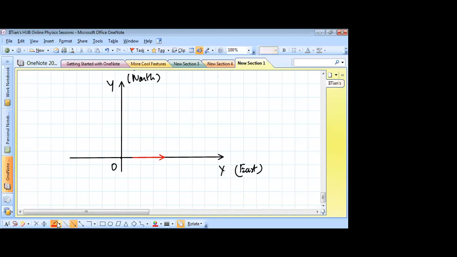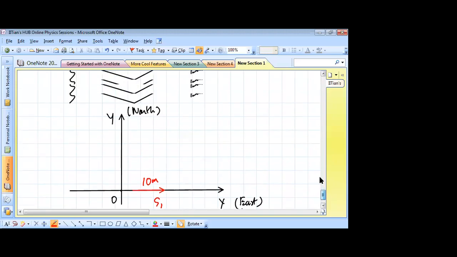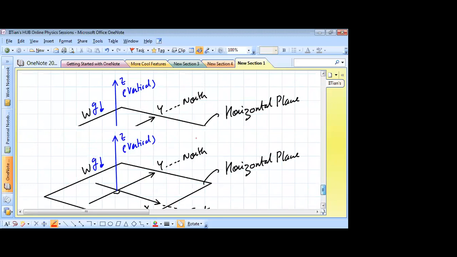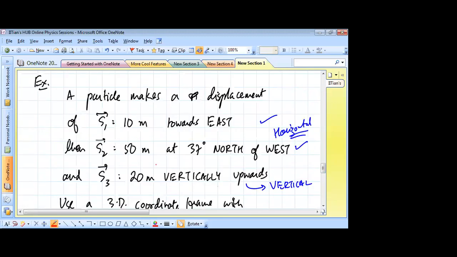So S1 is a displacement like this. In component form, S1 will just be written as 10 i cap in meters. That is as per the information given. S1 is 10 meters towards the east. Now what about S2?